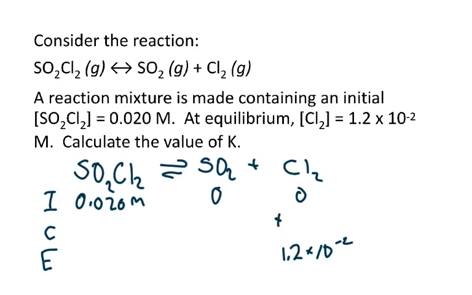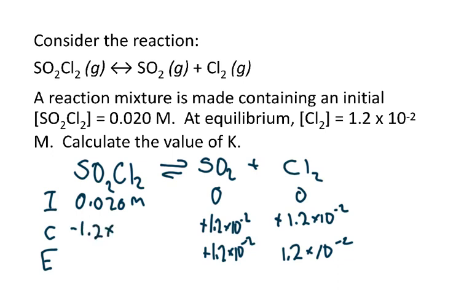So we know our change has been 1.2 times 10 to the minus 2. All of our coefficients are 1. So our equilibrium concentrations of our products are the same. Then we're going to subtract over here and get our equilibrium concentration of 0.008 molar.